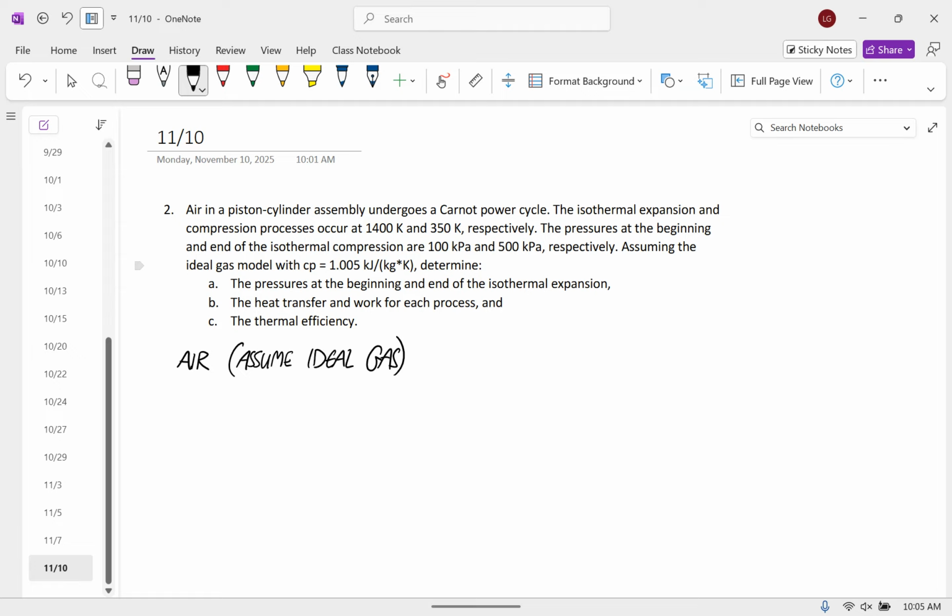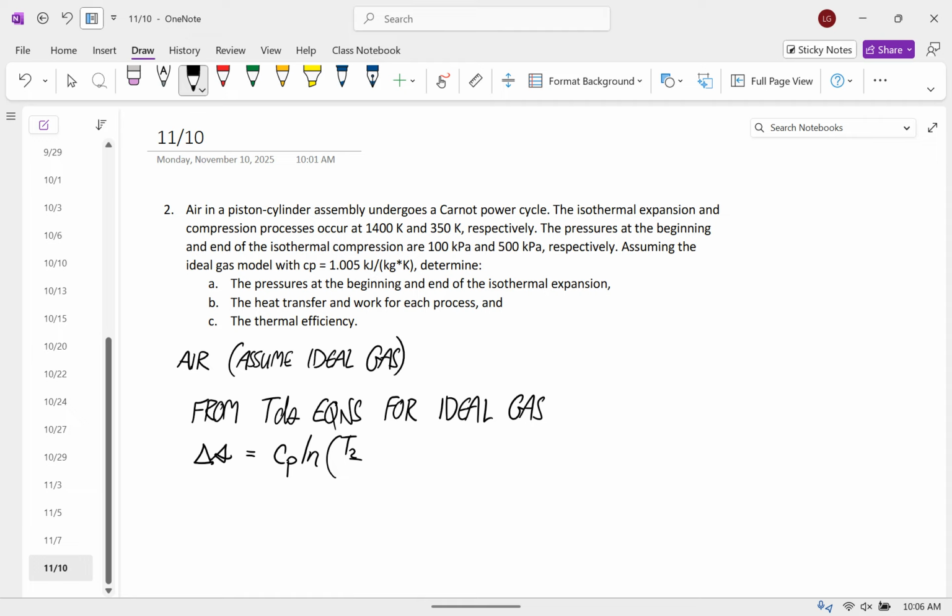Well, we just went through the TDS equations for an ideal gas. And we learned that the change in specific entropy is equal to Cp times the natural log of T2 over T1 minus R times the natural log of P2 over P1.